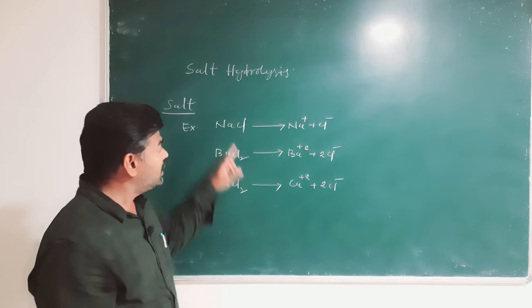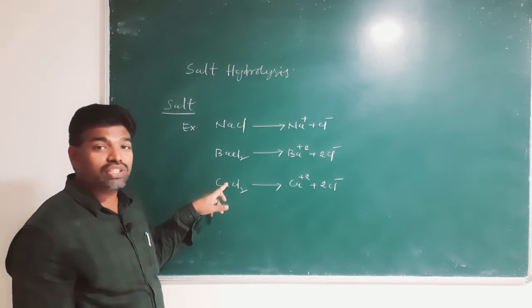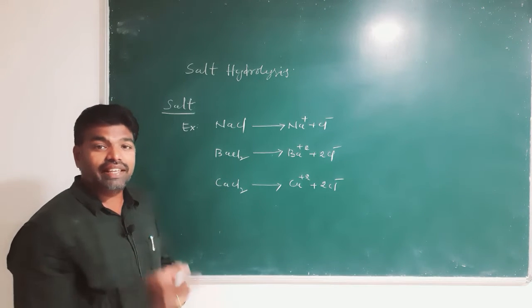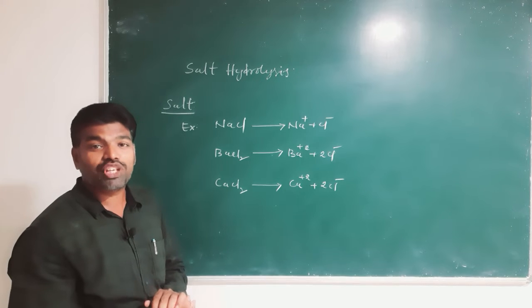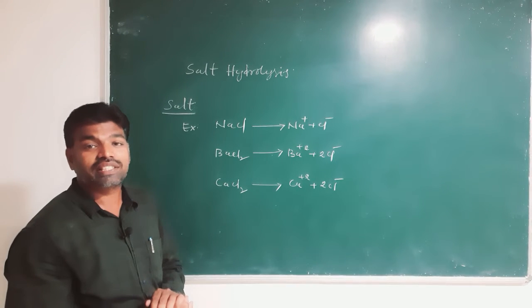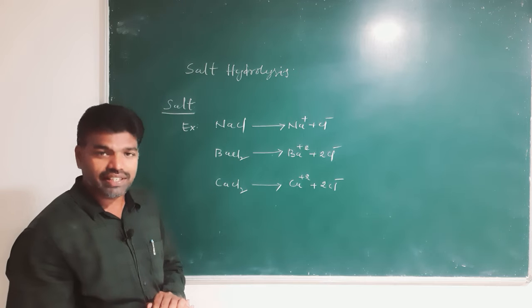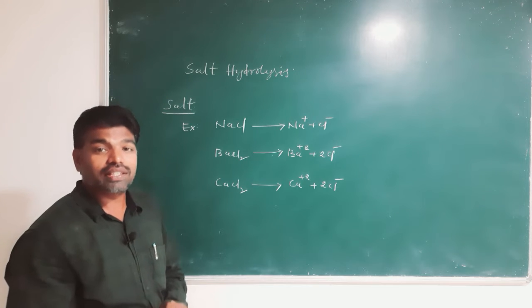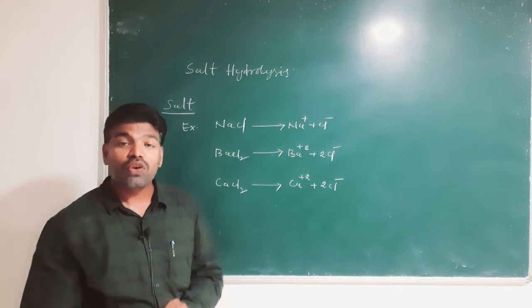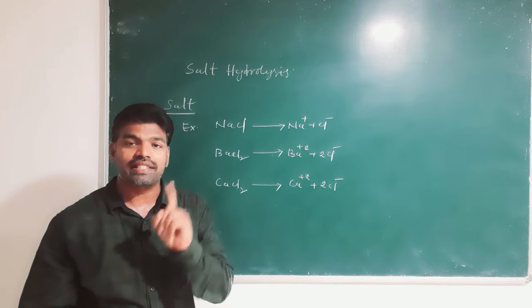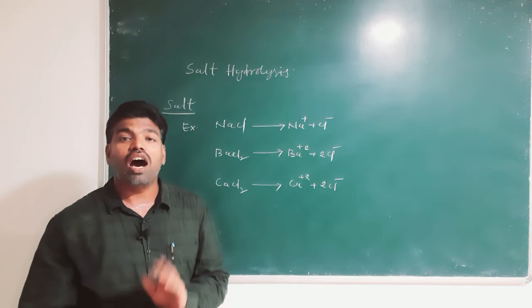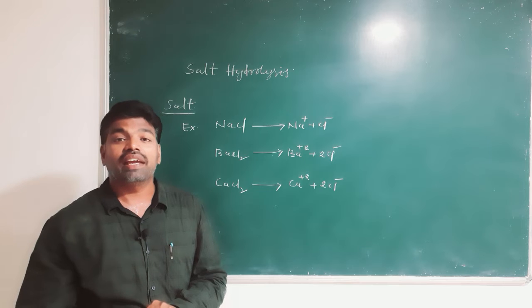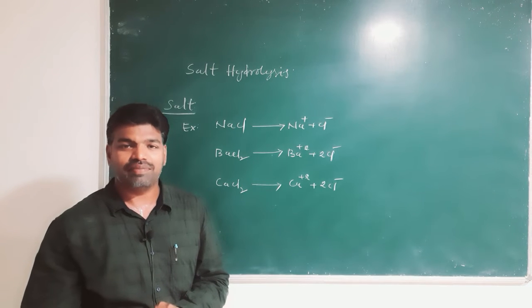Okay. So, these are the compounds which do not release either H plus ions or OH minus ions on their first ionization. So, a salt is a compound which does not release either H plus ions or OH minus ions in its first ionization.